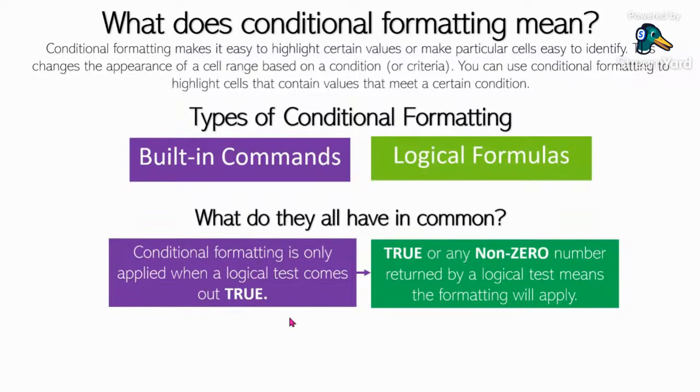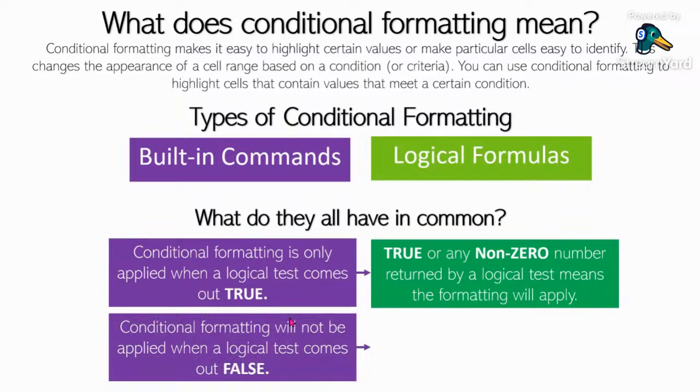So if you get a true or a non-zero number that is returned by your logical test that you write, it simply tells the conditional formatting feature to apply that specific format. And the other one, conditional formatting will not apply if the logical test comes out false. And what does false mean technically?